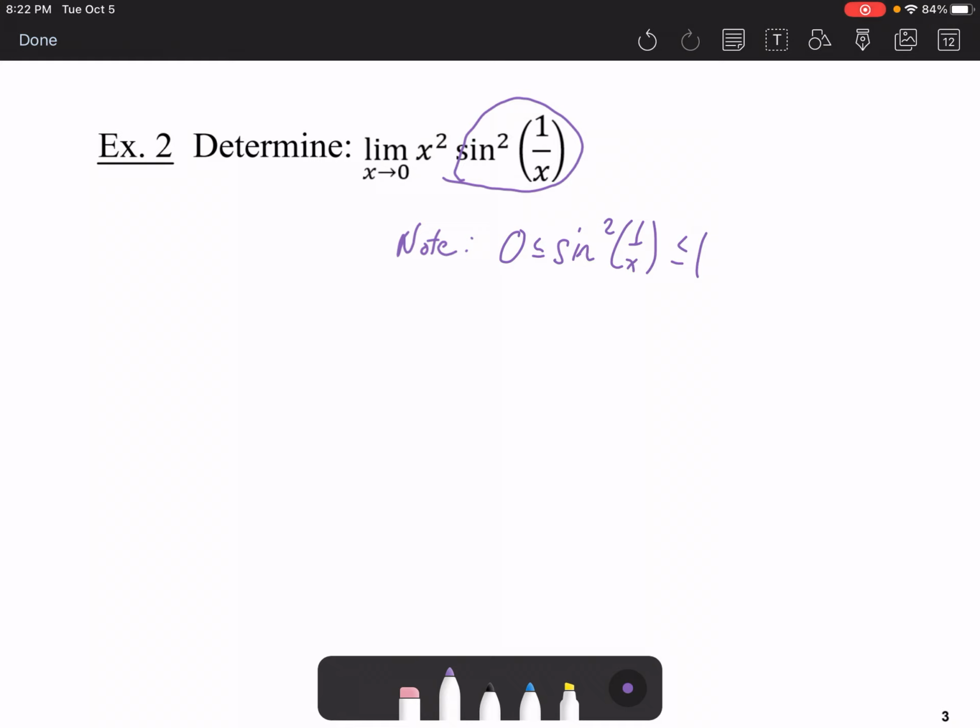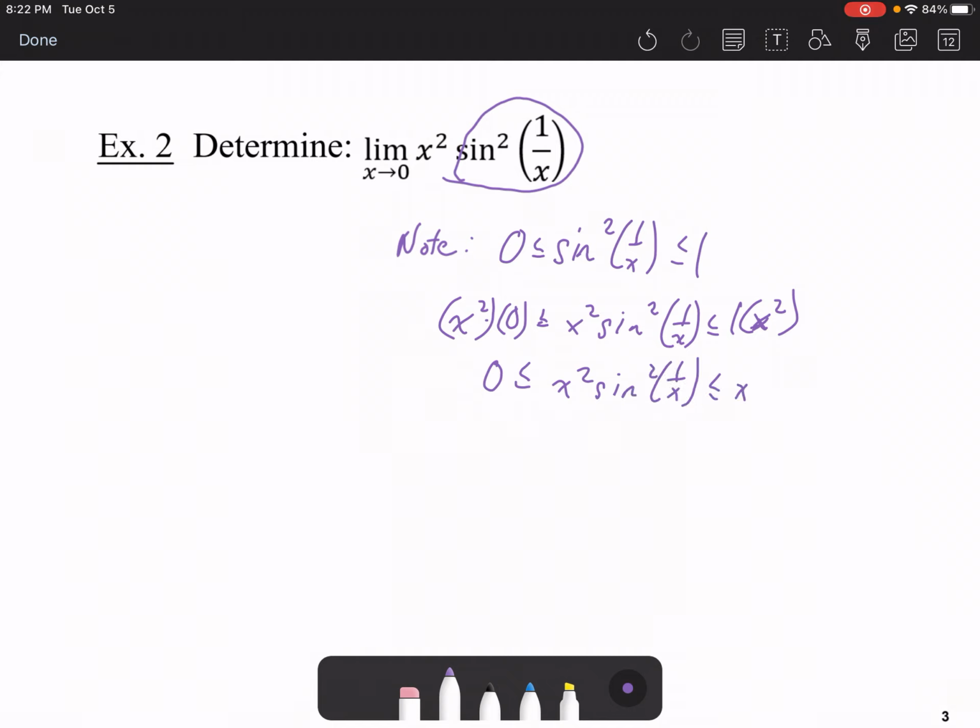Well, if we multiply by x squared, so x squared times 0, x squared times sine squared of 1 over x, and 1 times x squared, that's just going to give us 0 is less than or equal to x squared times sine squared of 1 over x, which is less than or equal to x squared.